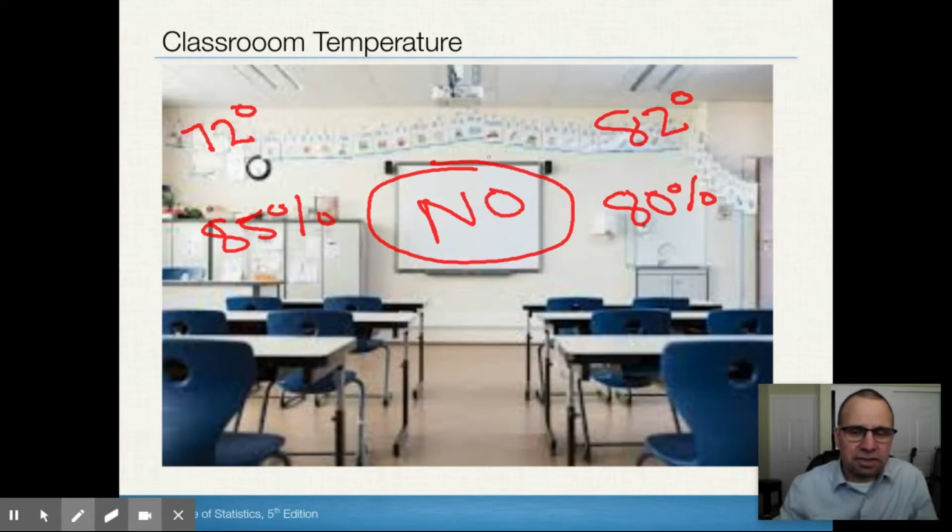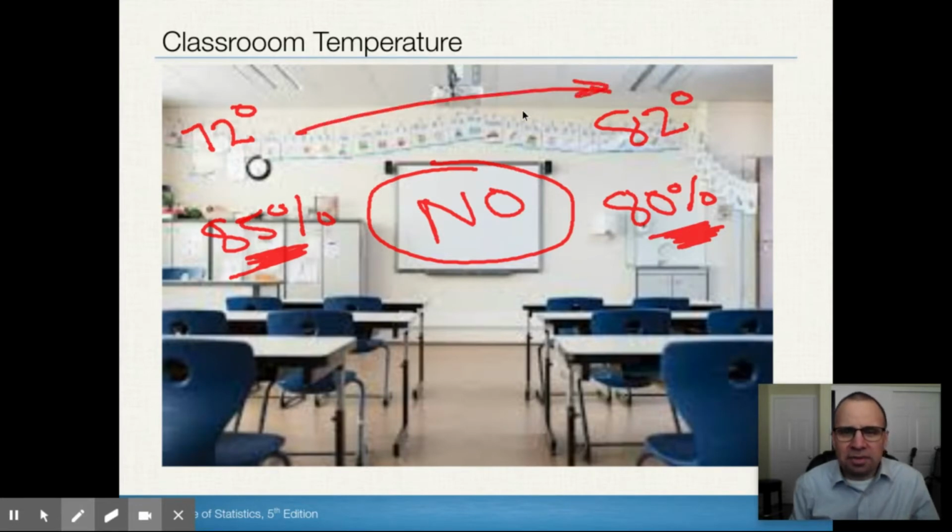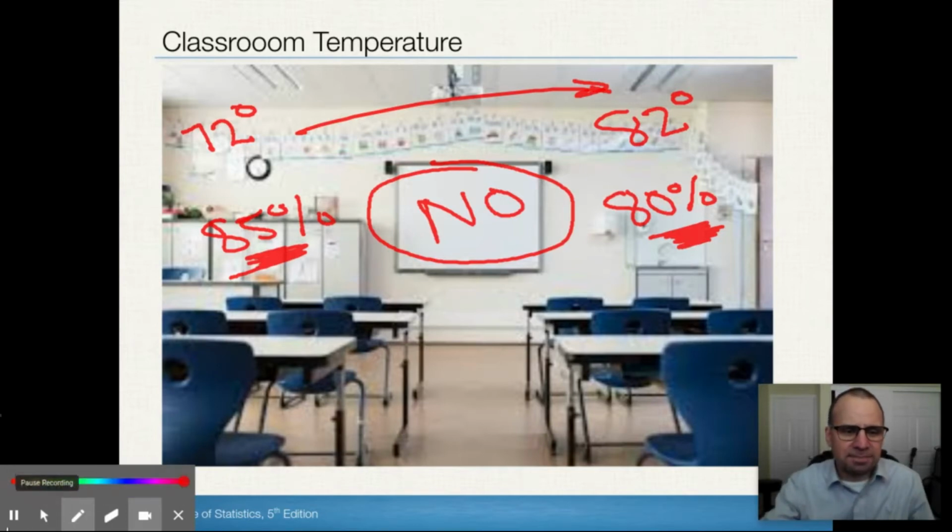I gave chapter 1 the first time and then chapter 2 the second time. Maybe chapter 2 is more difficult. Perhaps I gave this during different periods. Perhaps the kids didn't get a good night's sleep the second time around. There's so many other things that could explain the switch from 85% to 80%. Yeah, I'm observing that the temperature went up, but that's all it is. It's an observation. I'm just observing this, and I'm measuring their test scores, and this is not an experiment. This would be an observational study.